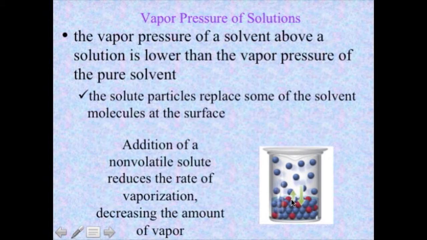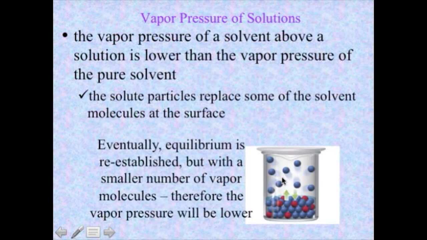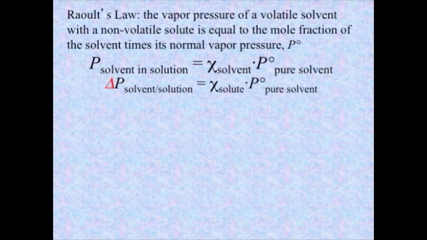So now you're not at equilibrium anymore. Particles are jumping into the liquid at a faster rate than they're jumping out of it. So eventually, equilibrium is reestablished, but with a smaller number of vapor molecules, and therefore the vapor pressure will be lower. The vapor pressure lowering, or the new vapor pressure, can be calculated using Raoult's Law, which says the vapor pressure of a volatile solvent with a non-volatile solute is equal to the mole fraction of the solvent times its normal vapor pressure.